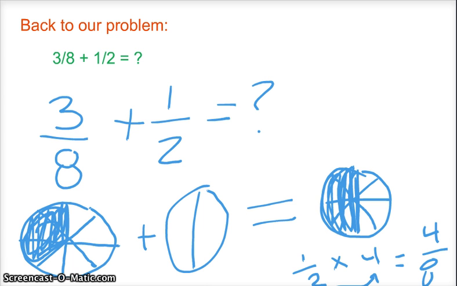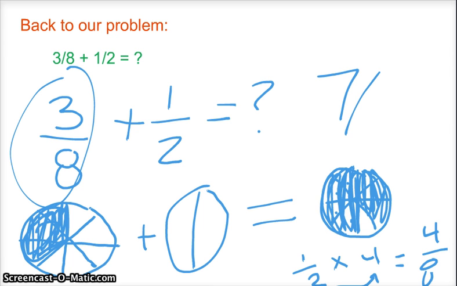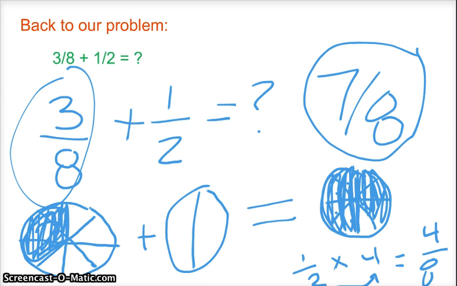So we know that the 1, 2, 3, 4/8 there are representing the half, and then we can add the 3/8. So now, how many 8ths do we have filled? That's right, we have 7/8. And which of the two people in our earlier problems said that the answer was 7/8? Yep, that's right, it was Sammy.